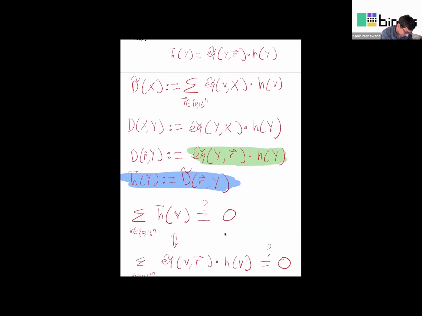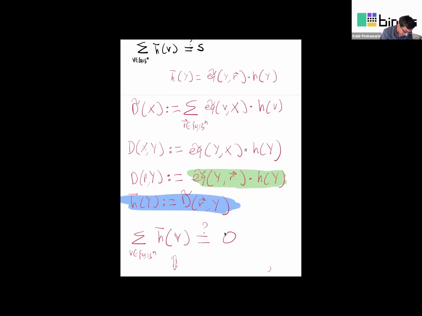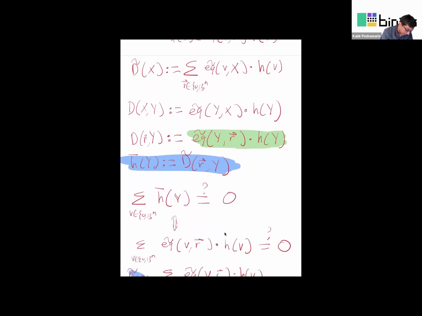So if we do this, what we do from going from here to here to eliminate the y is we sum up over all the possible y's. What we did from here to here was we specialize the x. Let's say that h bar of y is equal to this exact thing. Now let's say I want to get rid of the y, so let me sum up over all the possible y's.